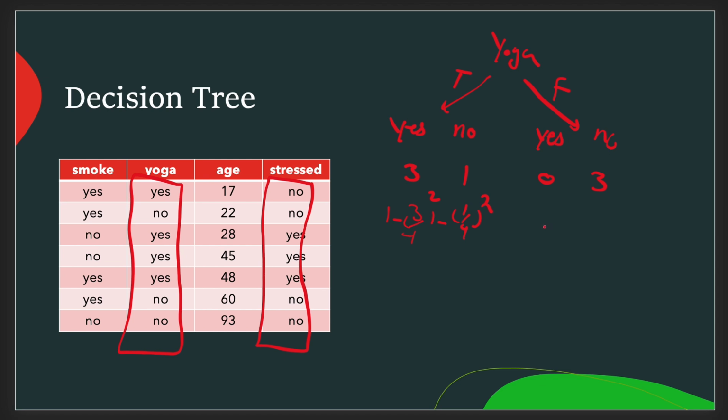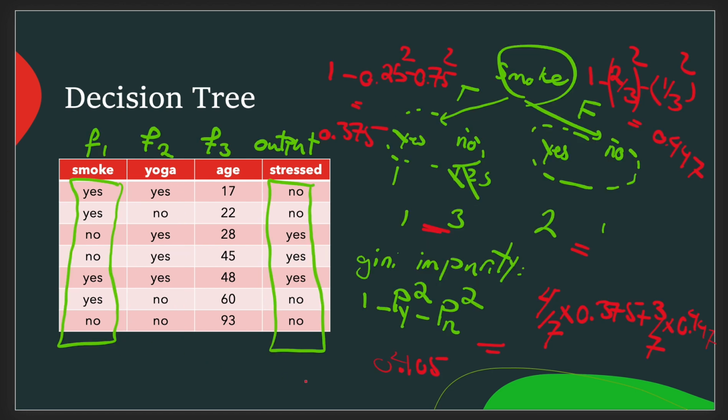And then for this one it's going to be 1 minus 0 over 3 squared minus 3 over 3 squared, which is 0 basically. And then you can do the weighted calculation, and at the end you will get 0.214. So the first one that we calculated was 0.405, right?